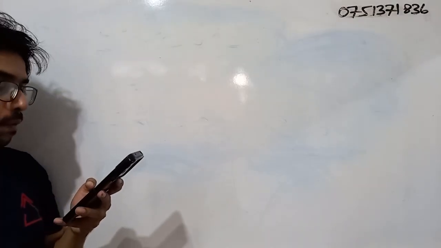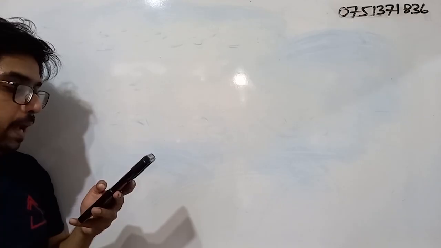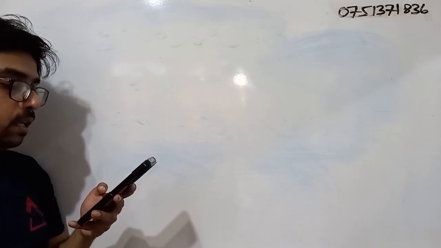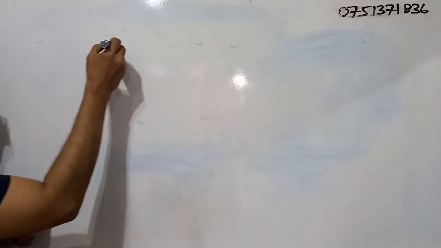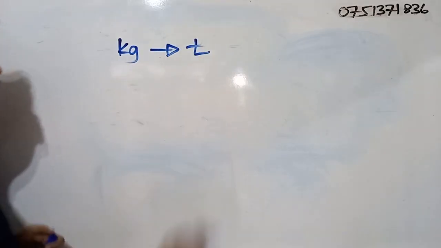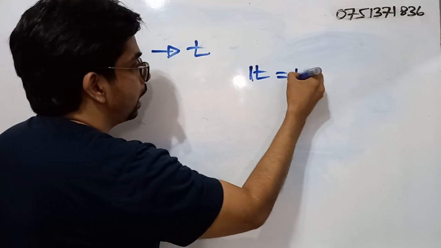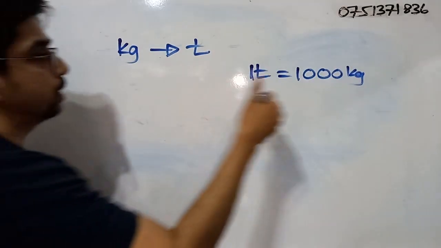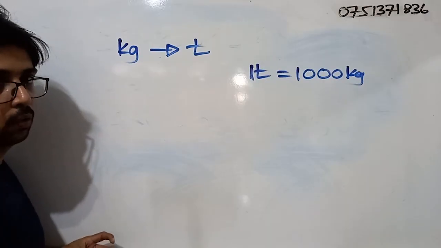Right. So we will take a look at the next subheading, which is expressing a mass given in kilograms in metric tons. So essentially we have to convert kilograms into metric tons. The only relationship between metric tons and kilograms is that 1 ton is equal to 1000 kilograms.